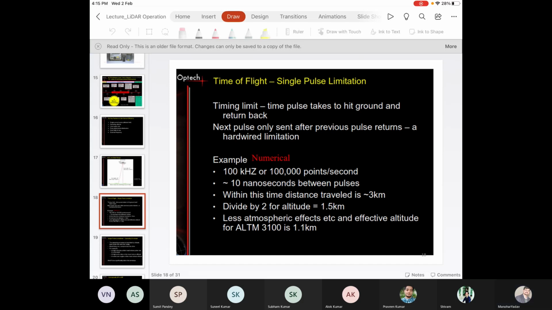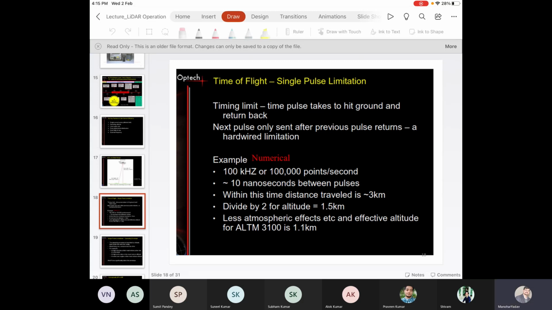So within this 10 nanosecond, obviously the total distance covered will be 10 nanosecond into c, the speed of light, which is 3 kilometer. So the time period t is equal to 10 nanosecond. Within 10 nanosecond, 3 kilometer distance is covered. It's a two-way, forward and backward. It means 1.5 kilometer altitude can be maintained.